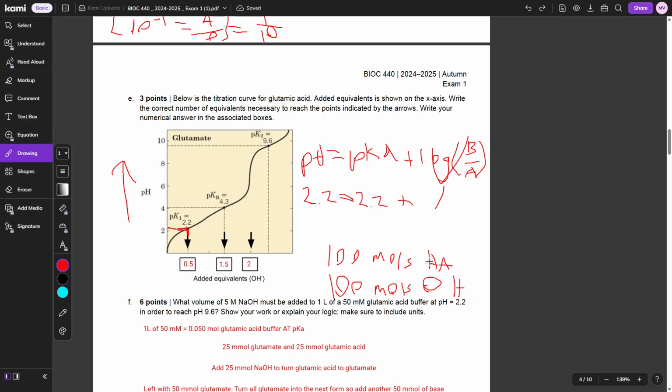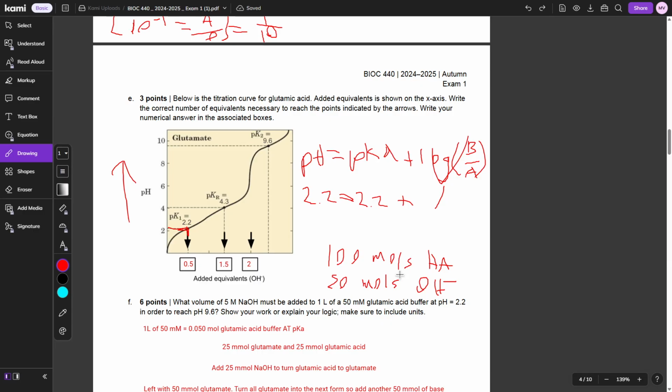Well, okay, let's see. Why does it have to be one half of that? Because half of it is not 1 molar equivalent. If I added 100 moles of OH minus, that was 1 molar equivalent for this question. But if I add 50 moles of OH minus, what happens to this number here?